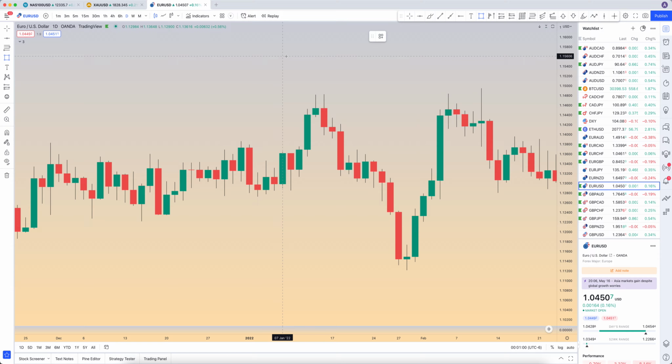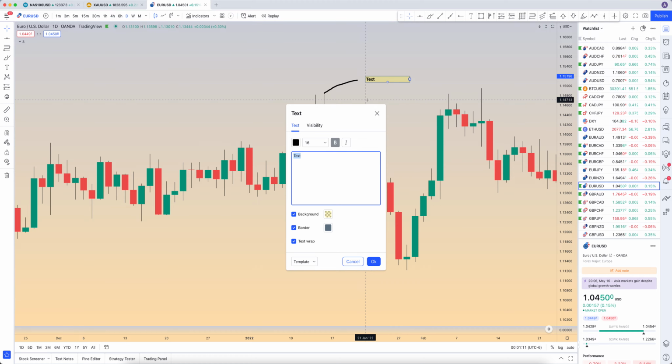Okay? This part right here, right at the top of the wick, indicates the peak of the trading zone of that particular time frame.